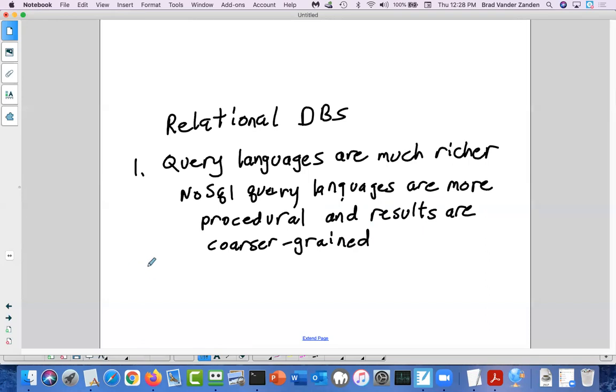The second thing is eventual consistency. Eventual consistency is often unacceptable.